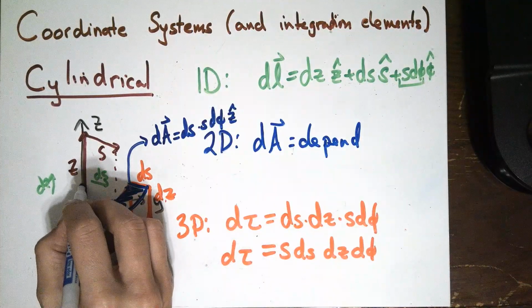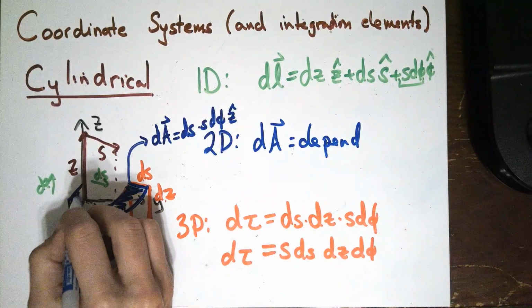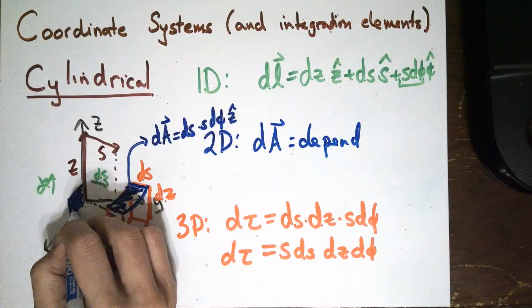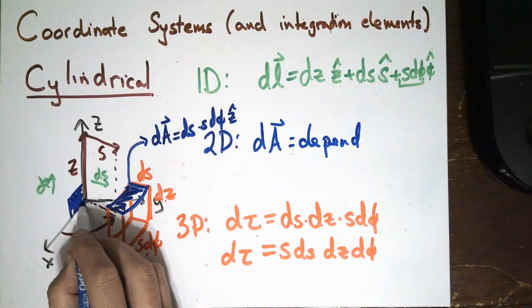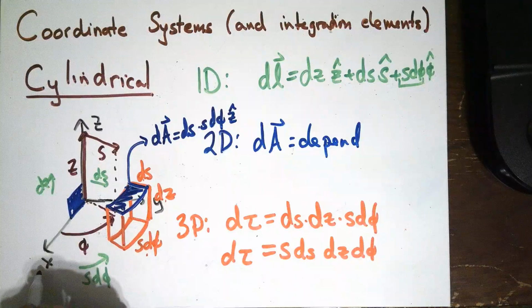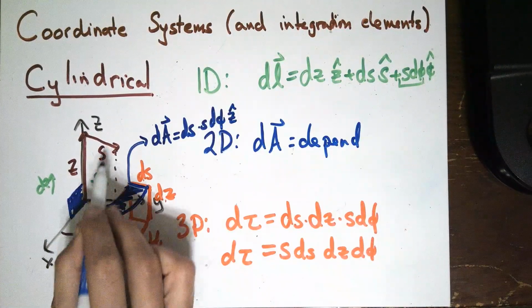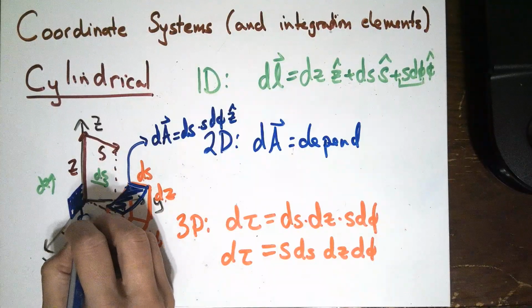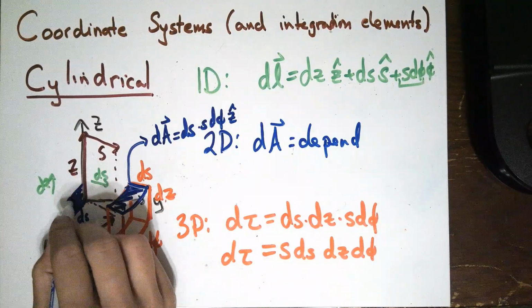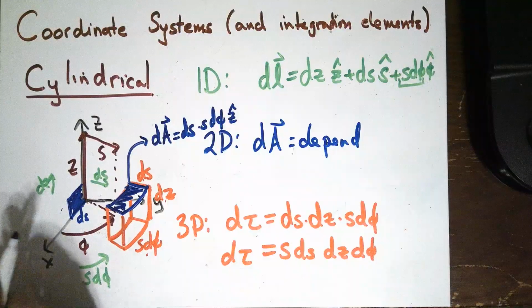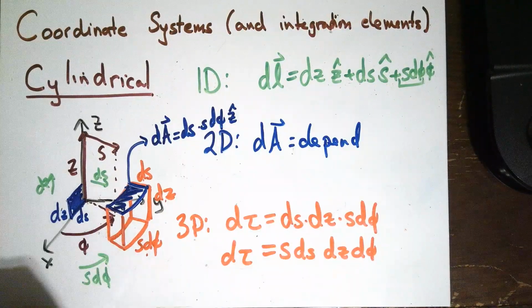On the other hand, if you wanted to do this area right here, you'd be taking a step, well, it looks like along the x-axis, but it's measured from the z-axis, and that's what S does. So this is ds. This guy right here, that's dz.